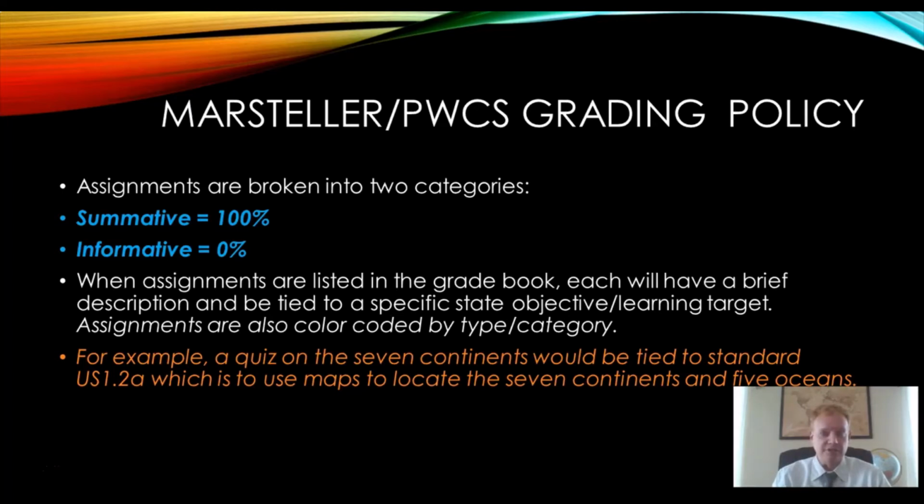I usually list them the same in Canvas as they will be in student view or parent view, so that you can see them in the gradebook listed with the same exact title. And that involves an objective number, which is tied to the state SOLs, followed by the actual objective, what the student should be able to do, and sometimes tacked on at the end what type of assignment it is, if it's a project or a quiz or PowerPoint presentation, whatever it may be.